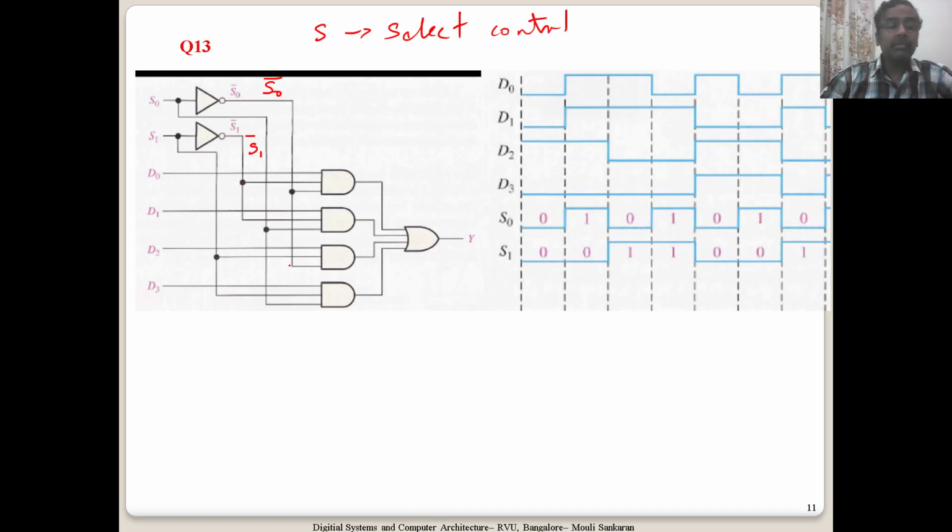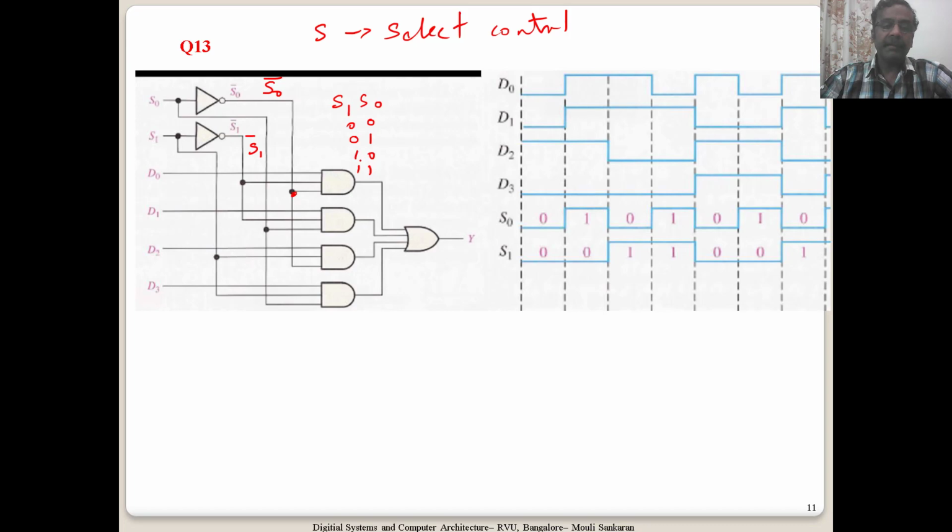Now if you look at this circuit, S0 and S1 are given to all the AND gates. Now if you see the order in which they are fed, let me write it as S0, S1. Now what are the possible combination values that you can give? Both zeros, then 0, 1, 1, 0, 1, 1.